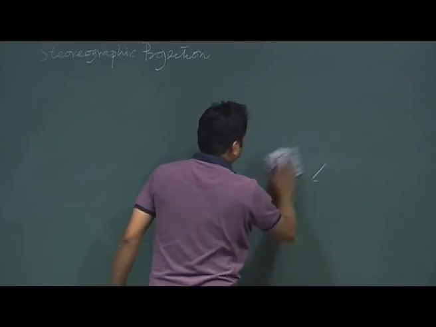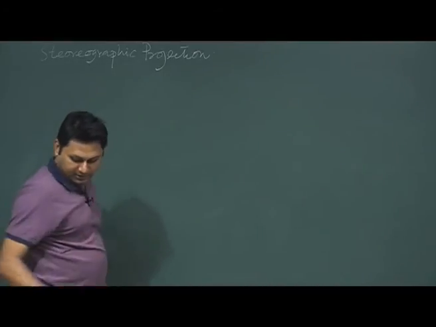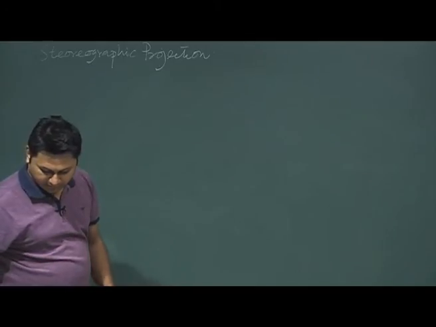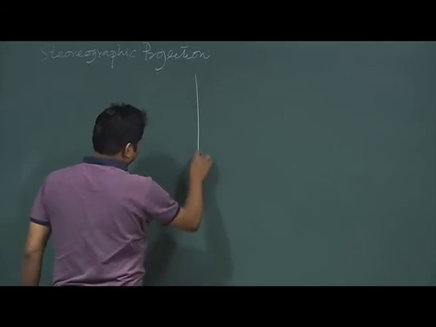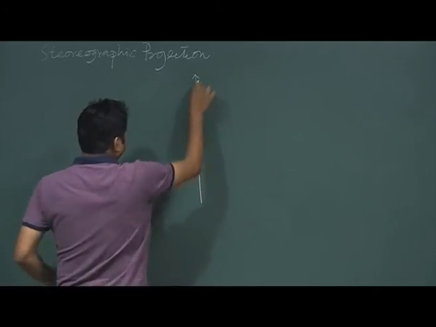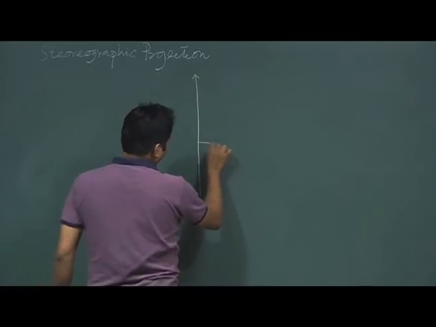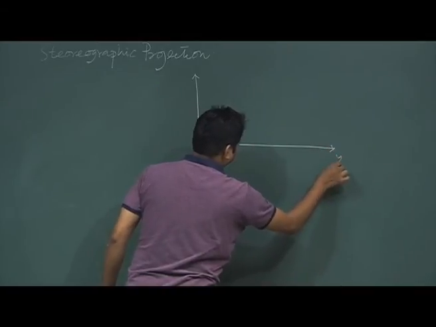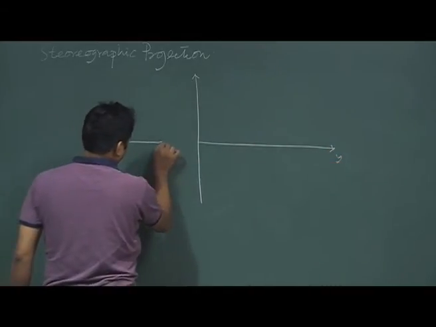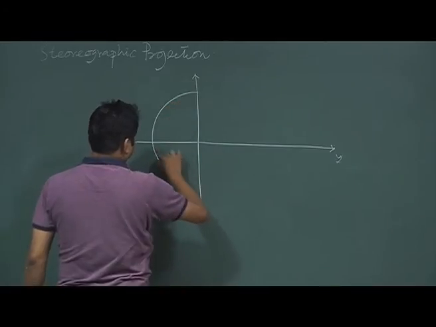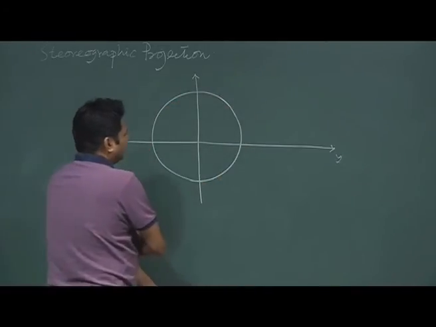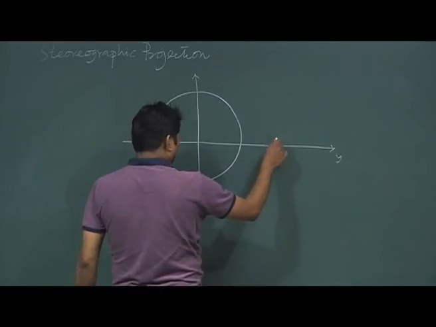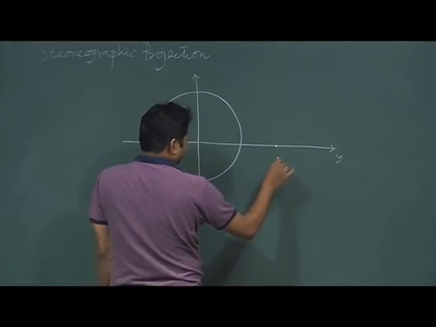So let me draw it in a 2D case, so it may be easier for you to understand. This is the coordinate system. I say this is my z, and say x equal to 0, so this is my y, and the sphere is like this with unit radius, and here somewhere I have a point, say y, with x equal to 0.